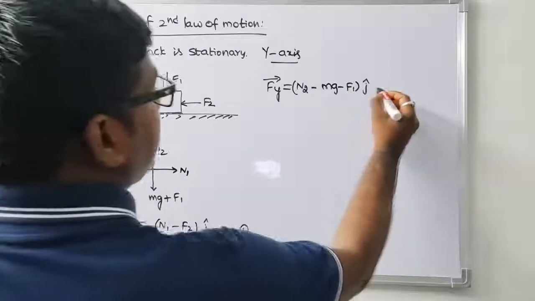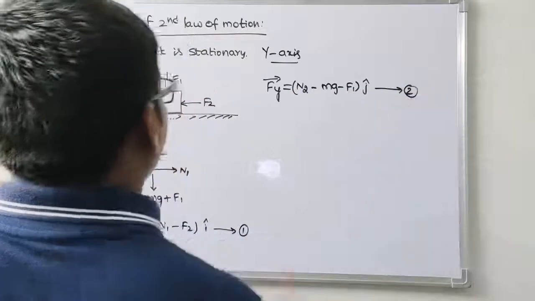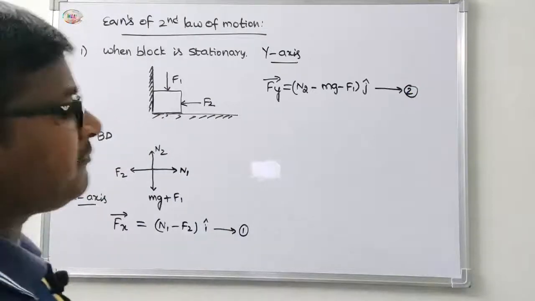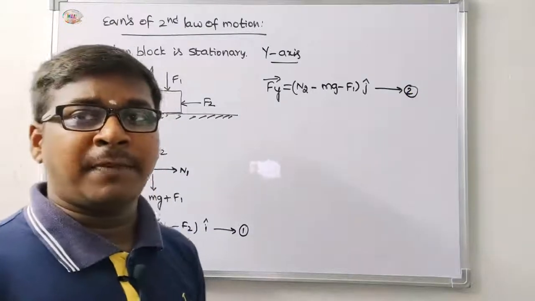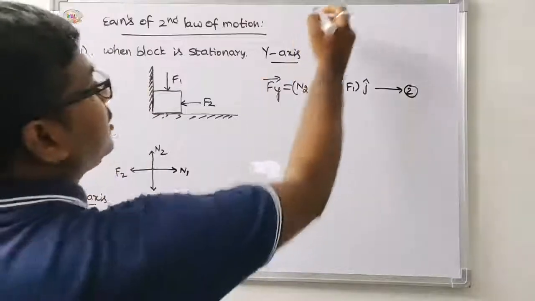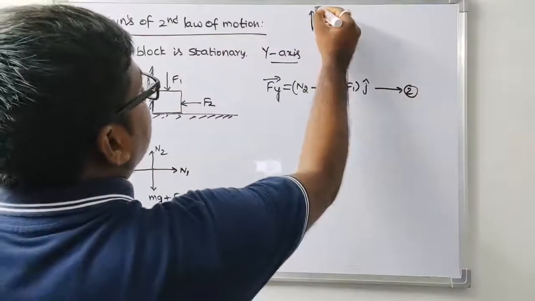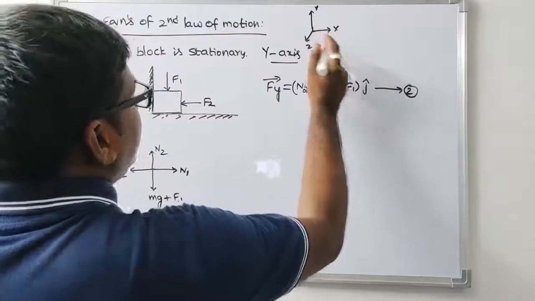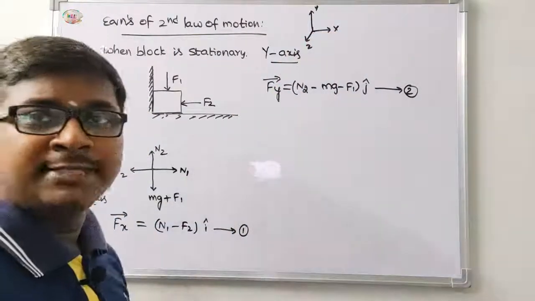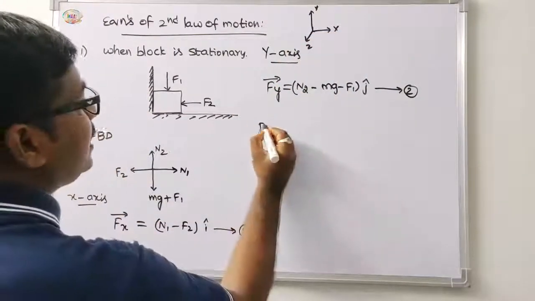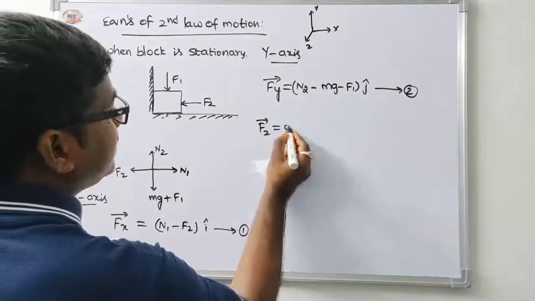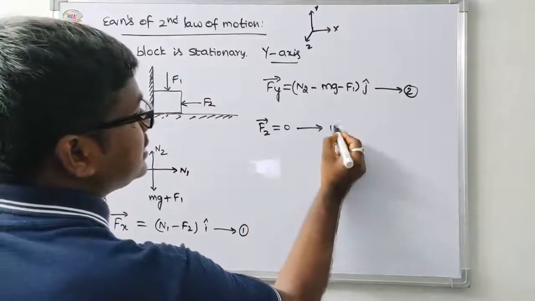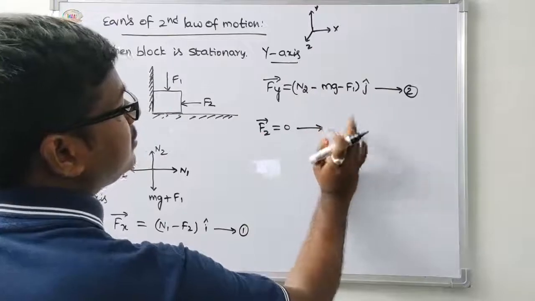This is equation number 2. These three forces act mutually perpendicular to each other along x, y and z. Only two components are there, the third one is not there, so Fz is equal to 0. This is the third equation.